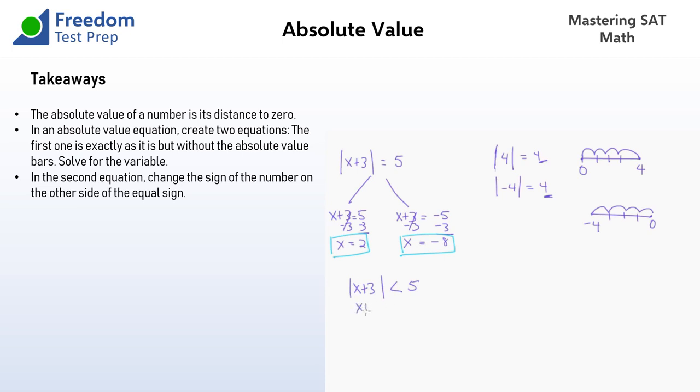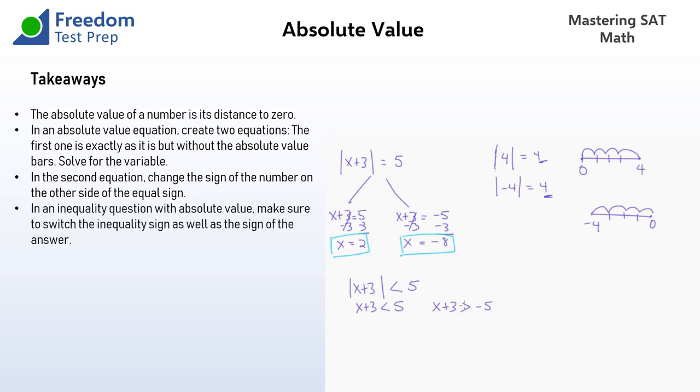Okay, you would have x plus 3 is less than 5. And the other one would be x plus 3. Now you're switching the inequality sign as well as the sign of the result. Okay, so that's important. We want to make sure that we're switching this and that. But then we treat it the same as any other algebraic problem.